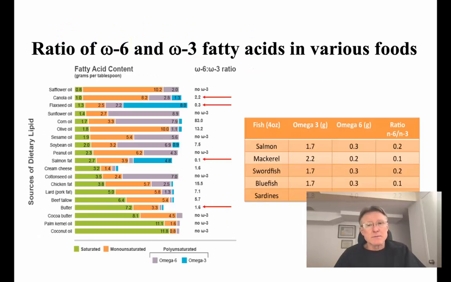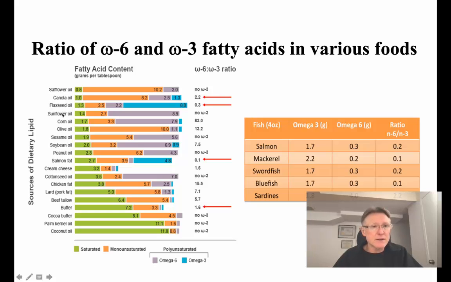So this chart here actually gives us an idea of the ratio of omega-6 and omega-3 fatty acids in various foods that we normally eat. Again, no need to memorize. The important thing is that we understand the concept of foods that contain this ratio of omega-6 to omega-3.